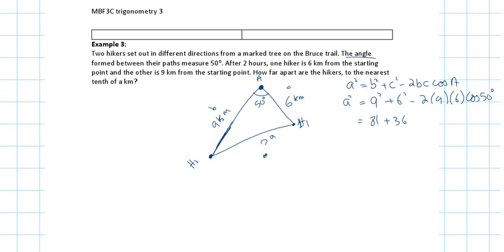Can you do 2 times 9 times 6 times cos 50 for me? 69.4. And what would a squared be? And then I have to do the square root. Six point what?